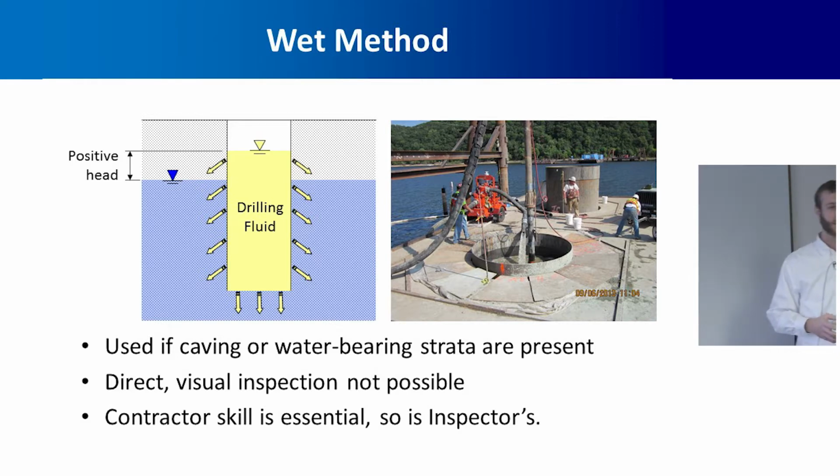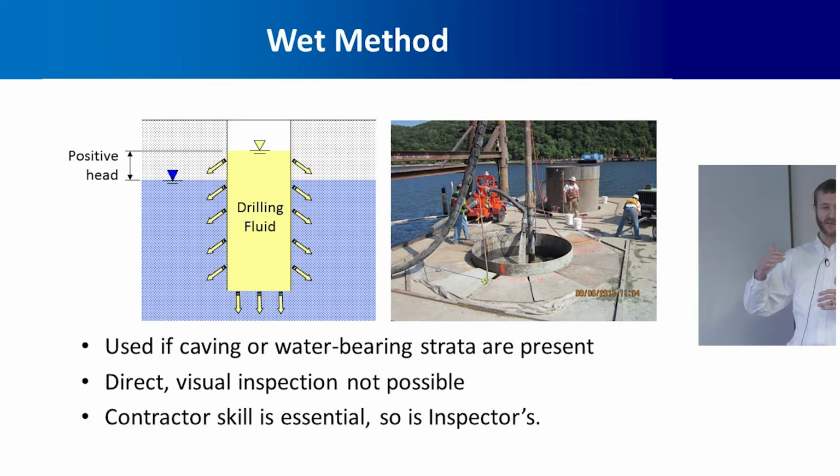So the wet method, we can use this if we're going to have to combat water coming into the excavation from the surrounding material. It can also be used to stabilize a hole without casing. So the key here is we've got a drilling fluid, and drilling fluid basically just means whatever fluid's in the hole. That might be water, it might be polymer slurry, it might be mineral slurry.